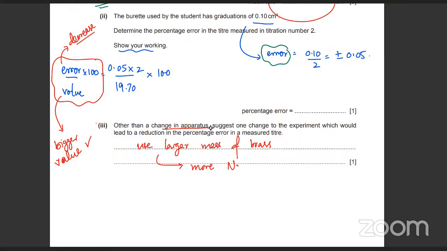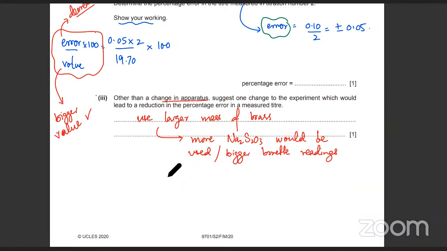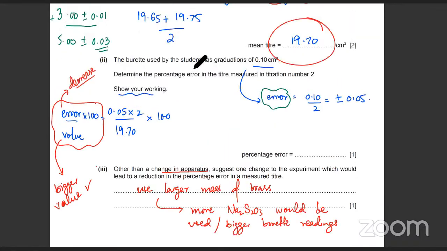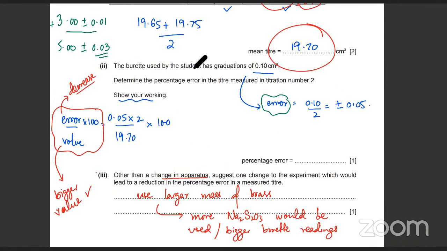More Na2S2O3 would be used, and if more Na2S2O3 is used, you'll get bigger burette readings, in this specific case. Is this clear? So remember this. The errors questions will come in every paper, and it's going to be very important.